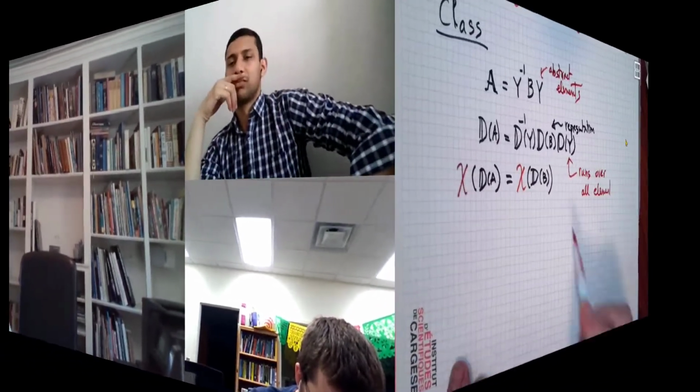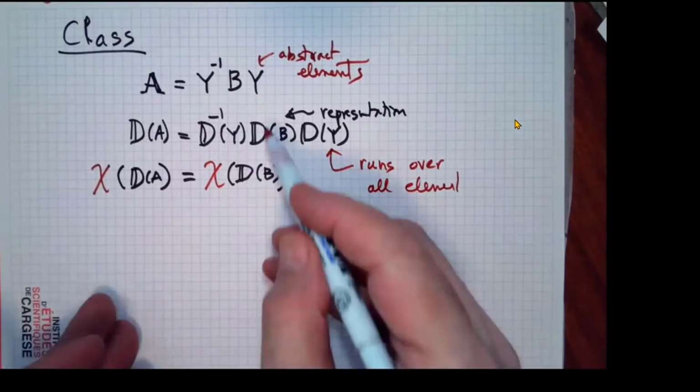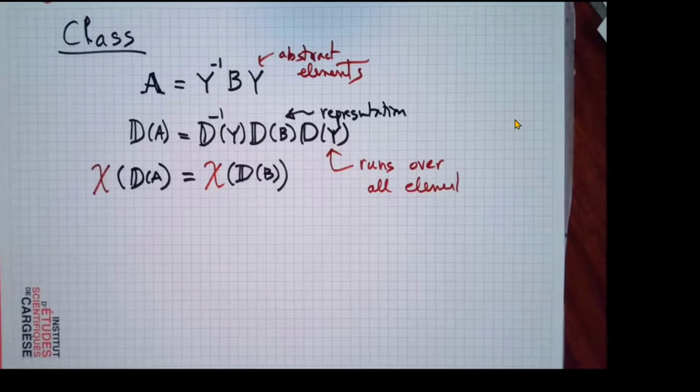So every group element belongs to an abstract class. And that class is defined by saying, let me go back to class because maybe I didn't emphasize it enough. If I take any group element and I perform a symmetry operation Y, and then I do my thing and go back, I usually get another group element.